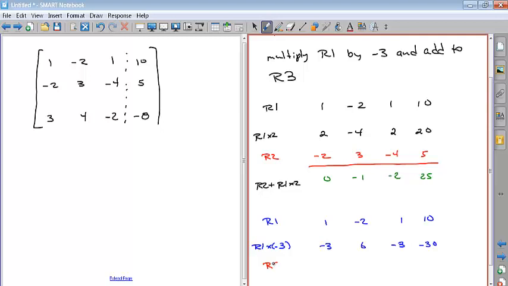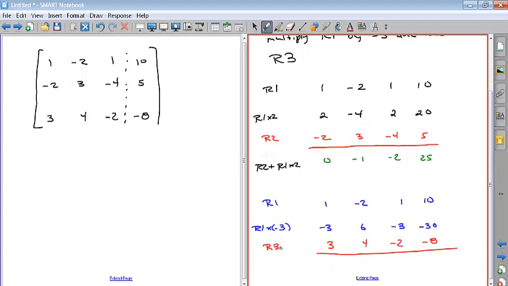It's 3, 4, negative 2, negative 8. So we add those two together: row 3 plus row 1 times negative 3. You get 0, 10, negative 5, negative 38.